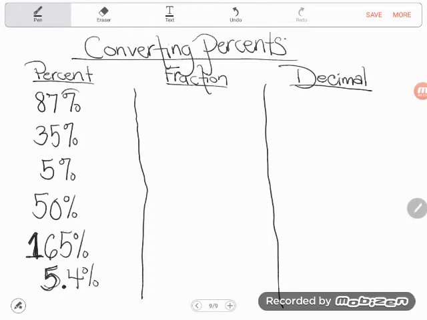So we said that percent literally means out of 100, or hundredths. That means breaking something into 100 pieces. So to break something into 100 pieces, you literally divide by 100. Well, there's 2 ways to divide by 100.